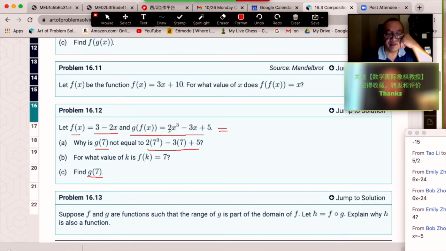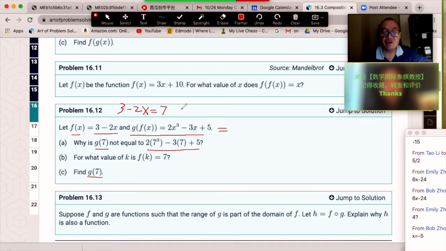But we need to find where f(x) equals 7. So first, you need to do this. 3 minus 2x, set this equal to 7. Because if you're trying to find g(7), you need to make f(x) equal 7. So f(x) equals 7, that means 3 minus 2x equals 7.